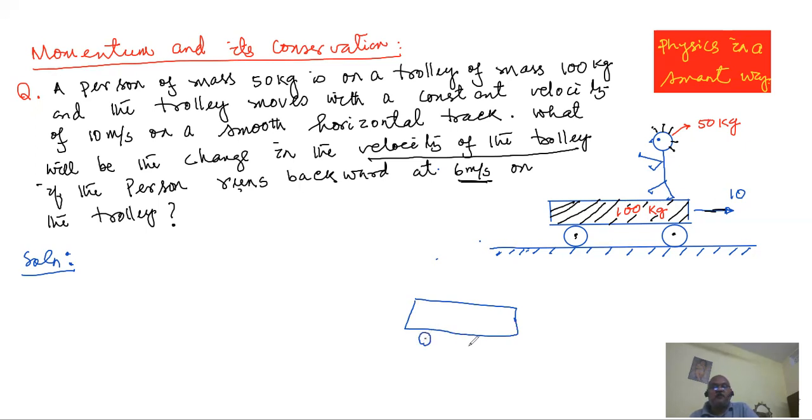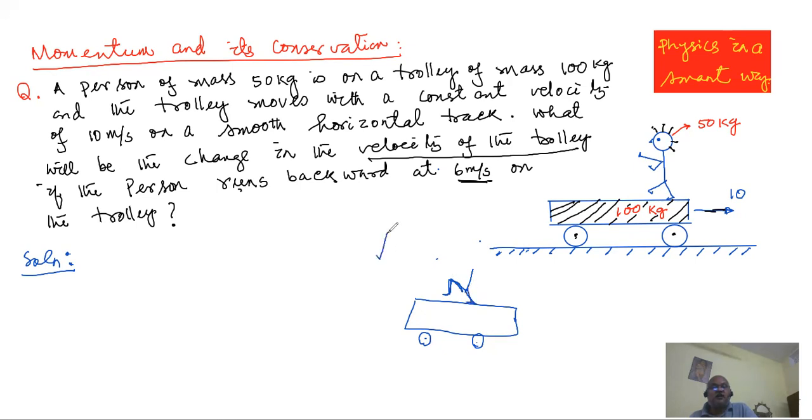So far as the trolley is concerned, we know the person is walking. When the person is walking or running, we know the mechanism of taking a step. When you take a step, your front leg is up and the back leg presses the ground like this.